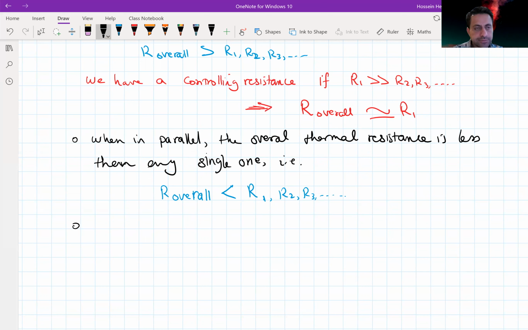Now there is another part. We have a concept of R value that we use in the building industry. So probably you have come across R values of a material.